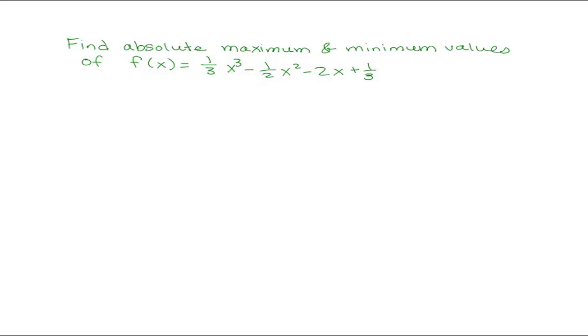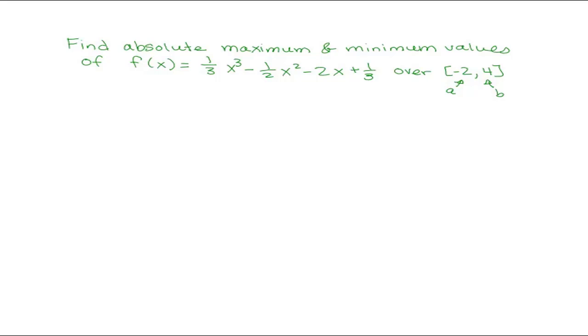And we're going to do this over the interval -2 to +4. Just for the sake of clarity, this -2 is our value for a, and this +4 is our value for b. So those are the endpoints. That's the closed interval we were just referring to.